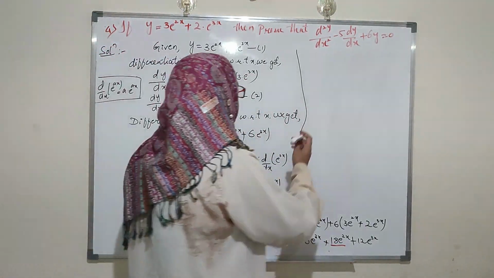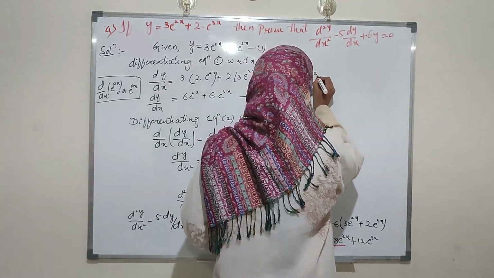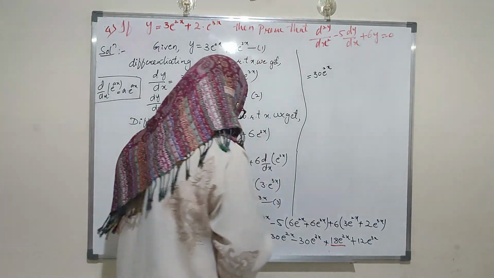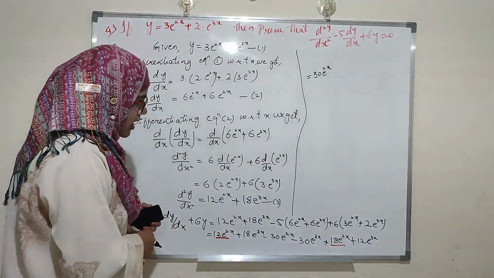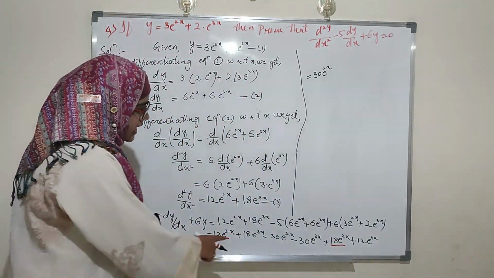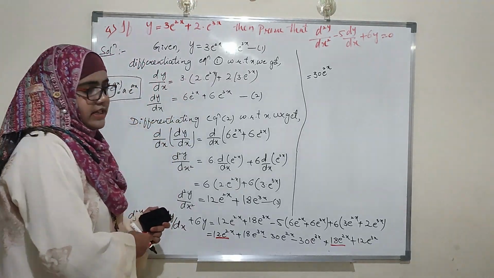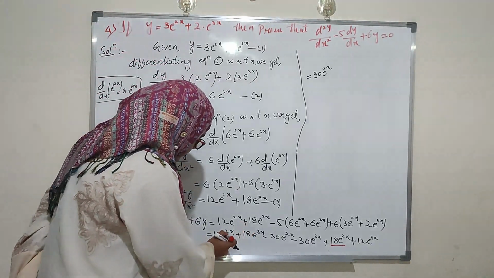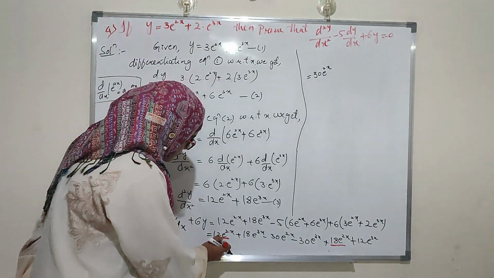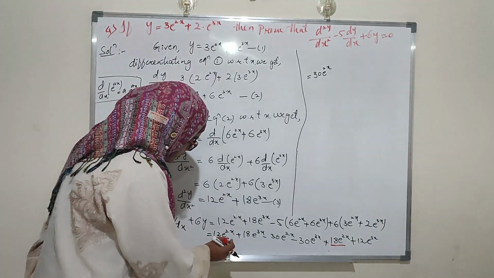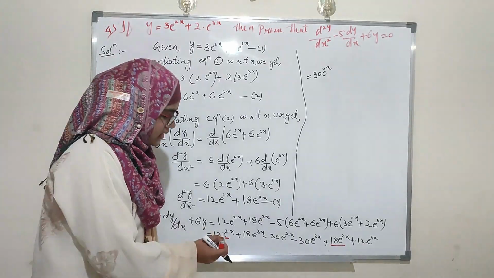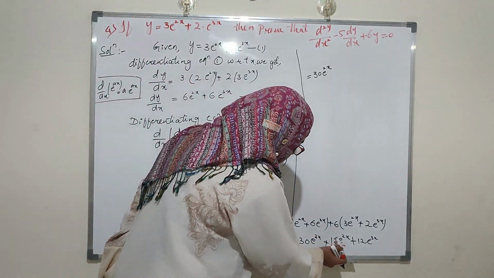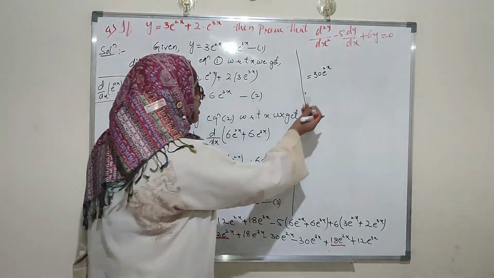Okay, I'm writing here 30e^(2x). How to add these terms? We have to add the terms which have the same exponential. e^(2x) plus e^(2x): 18 plus 12, we will get 30.